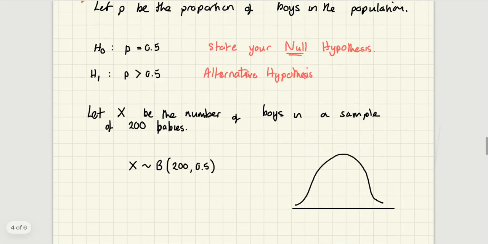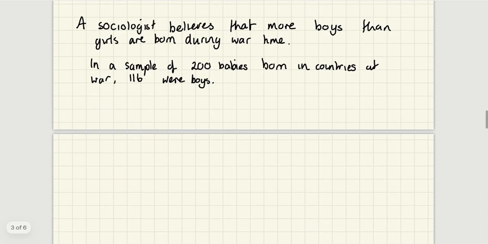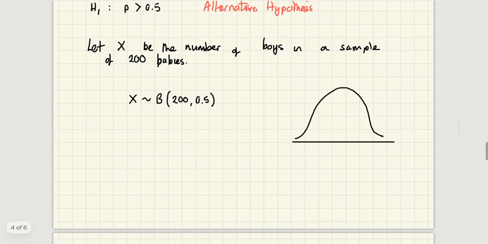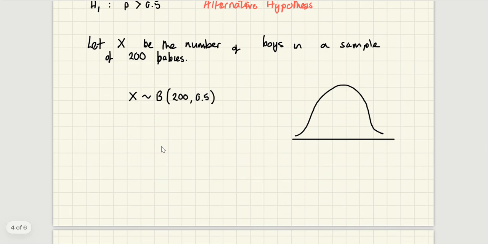So we've got to do a test now, and it says in the question, does the data support the sociologist's theory at a 5% significance level? Okay, so this is what we need to test. Does the data support this hypothesis?